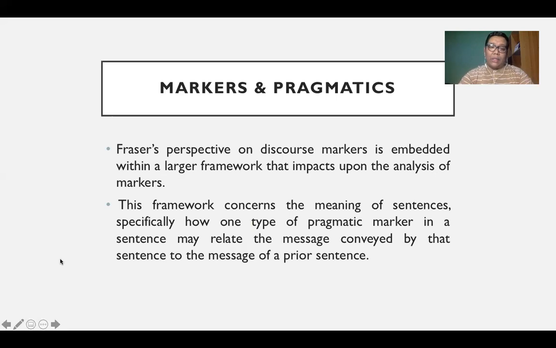Aside from the one I mentioned, Fraser's perspective on discourse markers is also embedded within a larger framework that impacts upon the analysis of markers. This framework concerns the meaning of sentences, specifically how one type of pragmatic marker in a sentence may relate the message conveyed by that sentence to the message of a prior sentence.